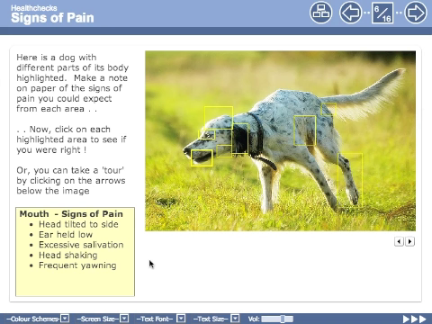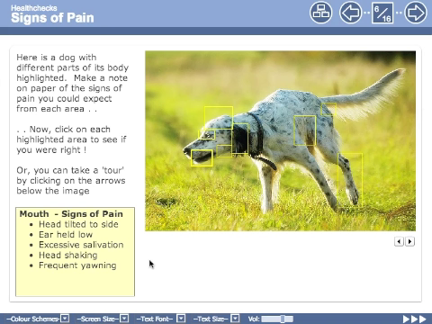So if there were signs of pain related to the mouth, you'd have the head tilted to one side, the ears would be held low, salivation, head shaking, frequent yawning. So I got some of them right, but missed a few points.